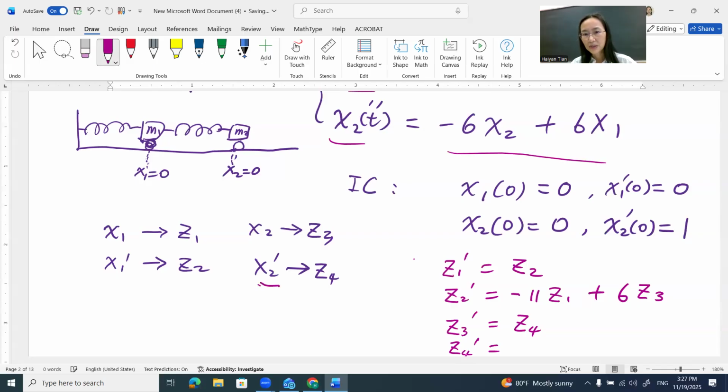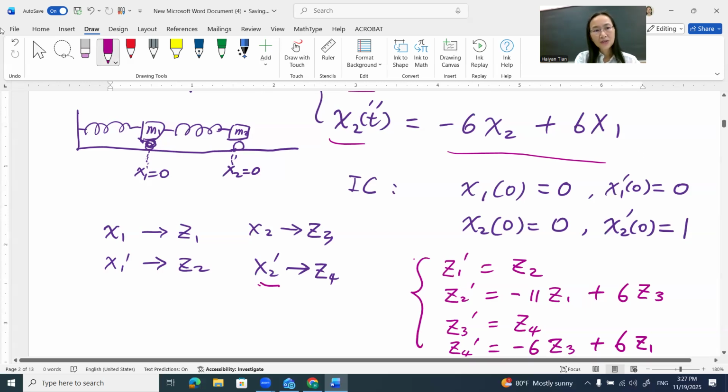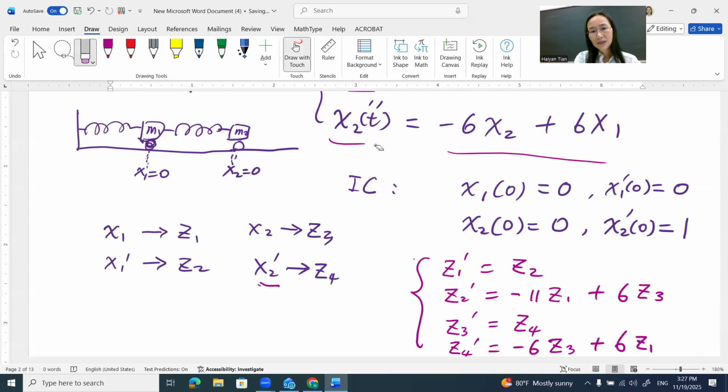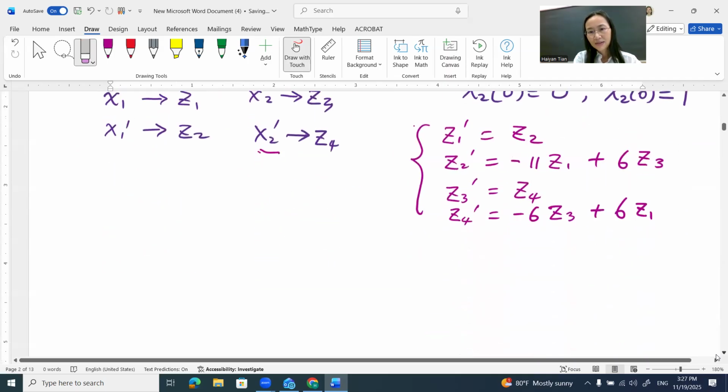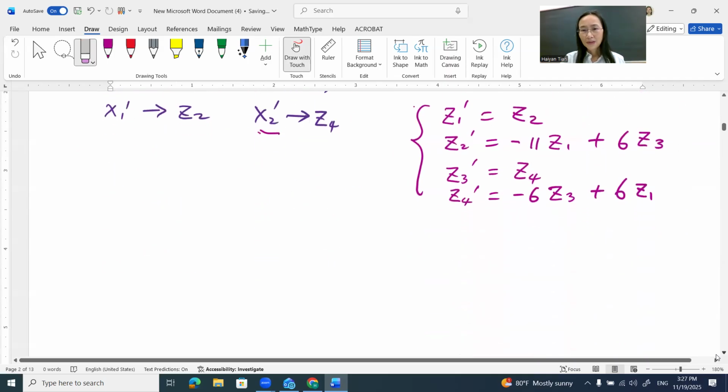Then we can see it will be negative 6 Z3 plus 6 Z1. So now we got a system of 4 equations and they are all first order. So we have a linear system with constant coefficient matrix.